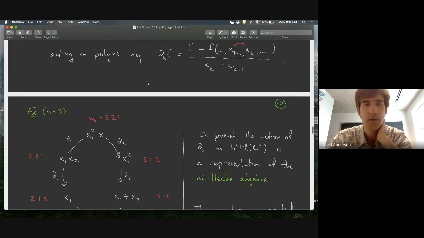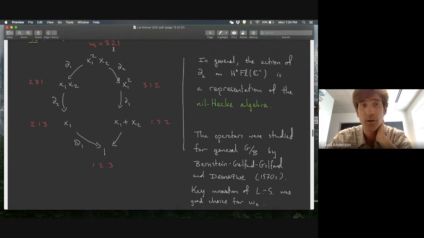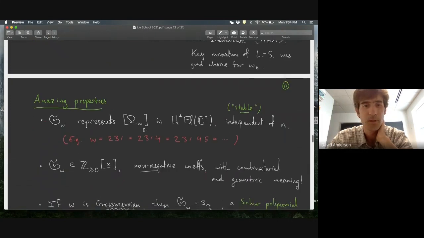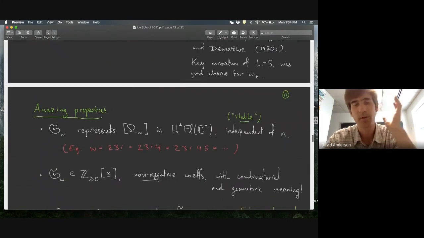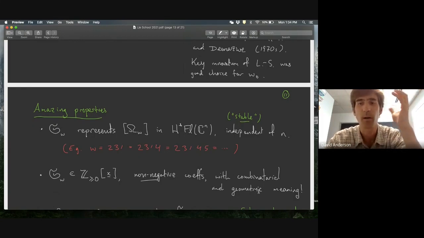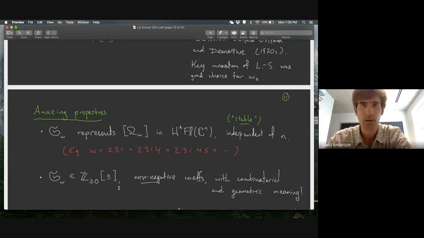There's no reason that they should have non-negative coefficients, and if you choose a different starting point, they won't. So this is really an amazing property. And anytime a combinatorialist sees non-negative coefficients, we want to know what the meaning is. And there are interesting interpretations of those coefficients in terms of reduced words and combinatorial gadgets.